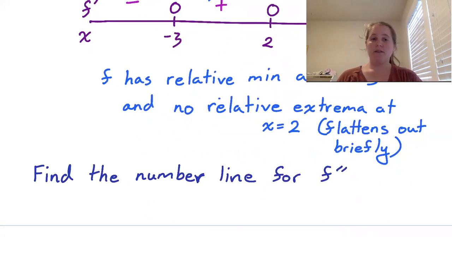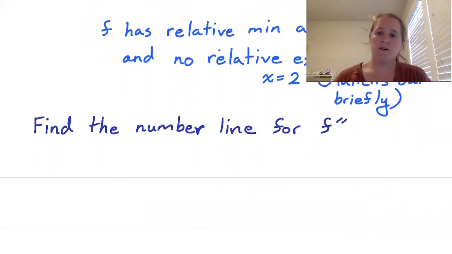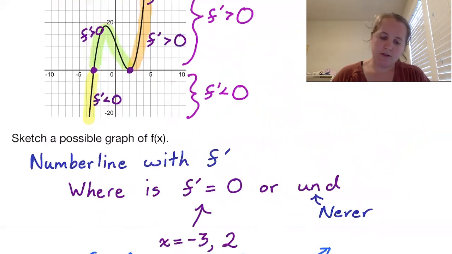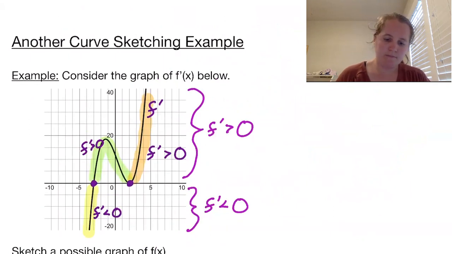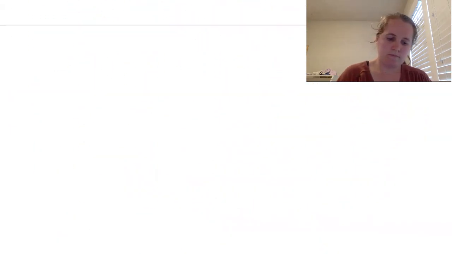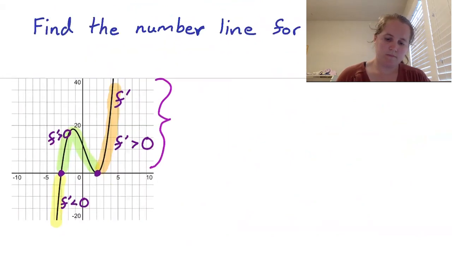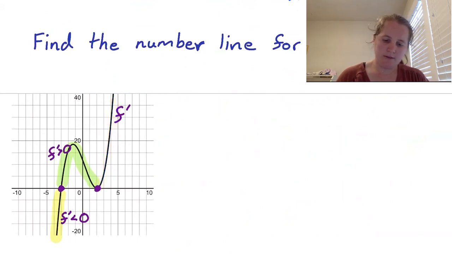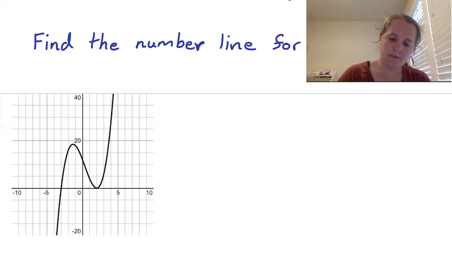I'm going to go ahead and just once again copy in what our graph looks like, and then erase all my comments here. Again, this is the graph of f prime.